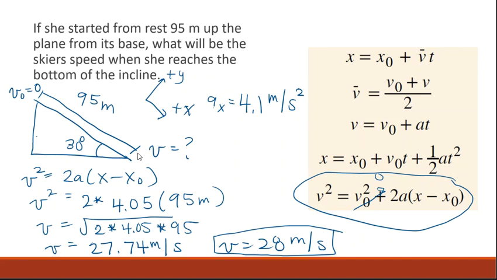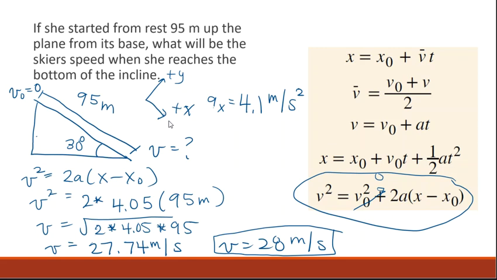Okay, so let's write down all that we know. We know the acceleration down this new transformed x direction, or this shifted axis, is 4.1 meters per second squared.